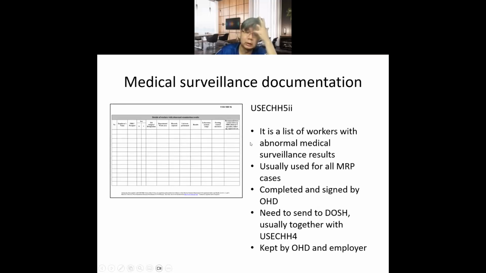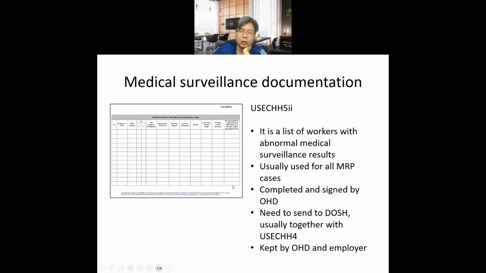This form we will send to DOSH, within 30 days. Usually the OHT will send a copy to the company. If not, then you can ask the OHT to give you a copy so that you know he actually notified DOSH already.